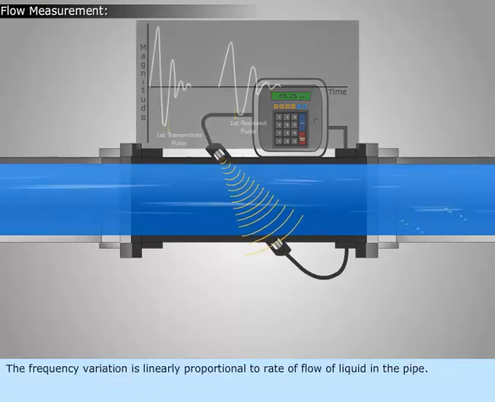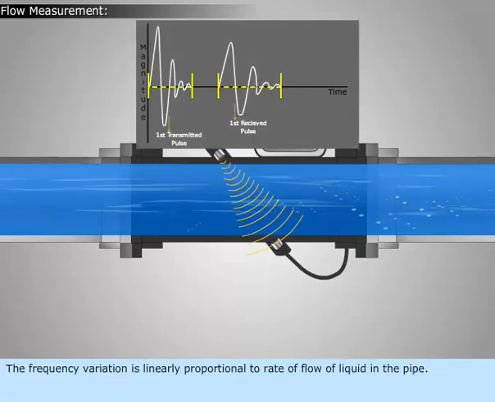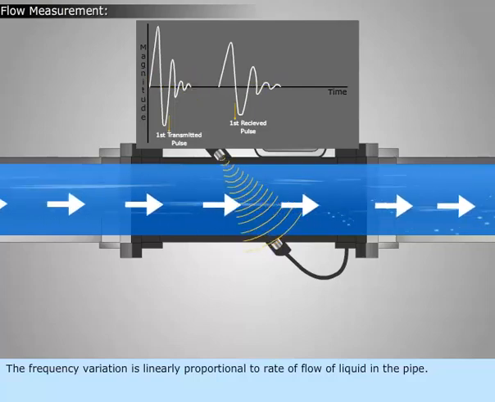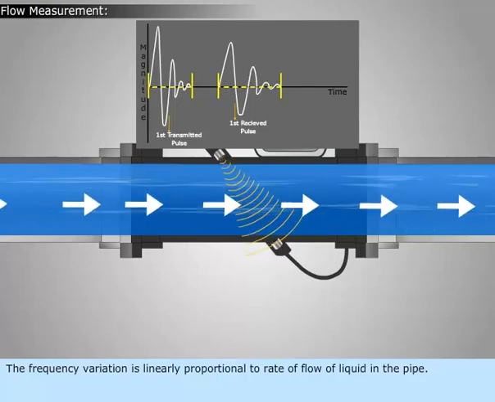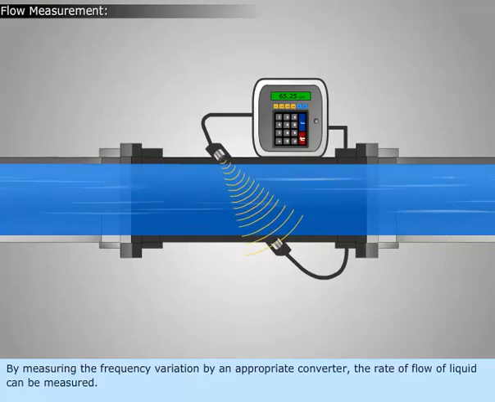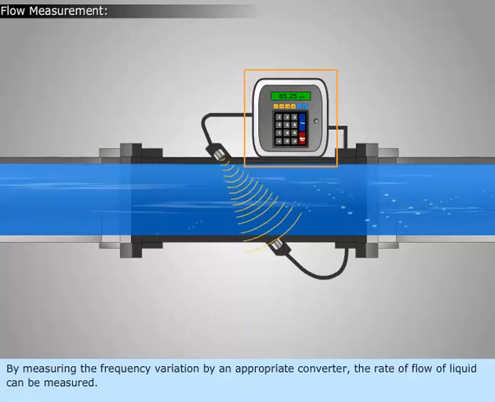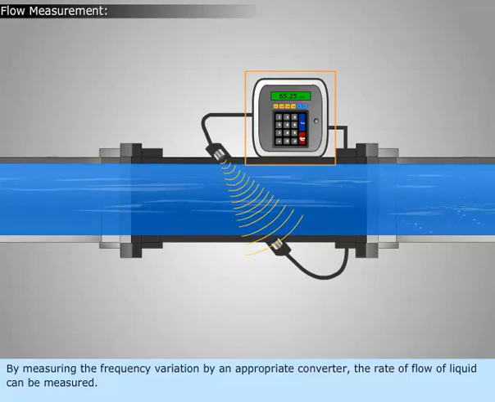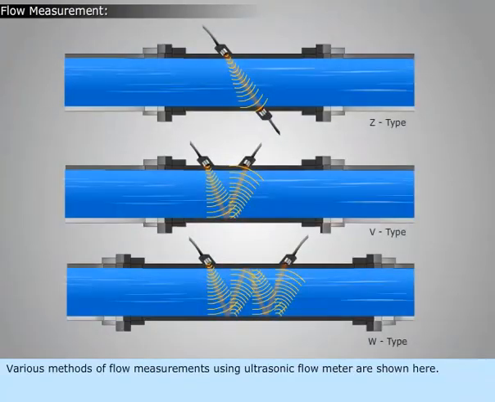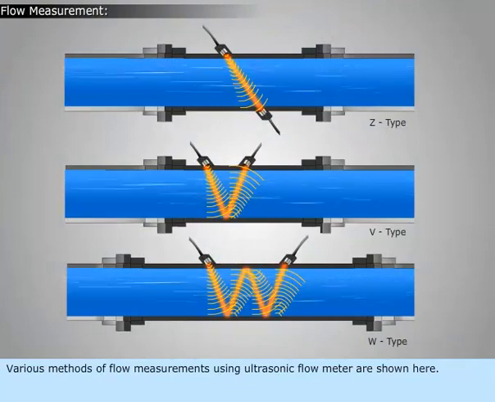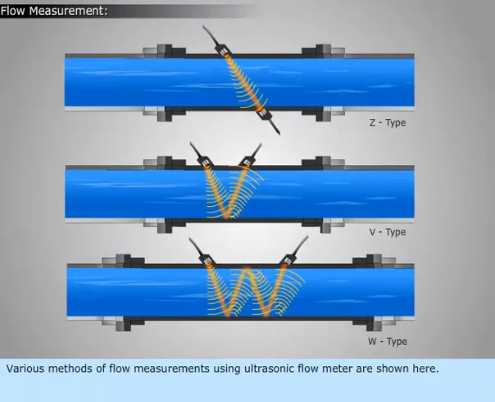The frequency variation is linearly proportional to rate of flow of liquid in the pipe. By measuring the frequency variation by an appropriate converter, the rate of flow of liquid can be measured. Various methods of flow measurements using ultrasonic flow meter are shown here.